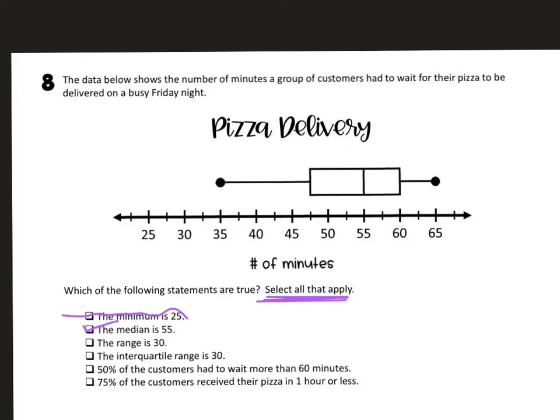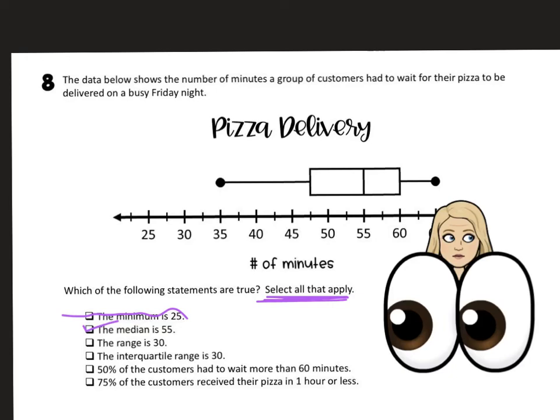The range is 30. Well, the range is not something you can get just from looking at the graph. It's something you have to calculate. Here's good old creepy eyes, right? Range is something that you need to know the definition for, and the easiest thing to remember is that range is the highest minus the lowest, or the max minus the min.